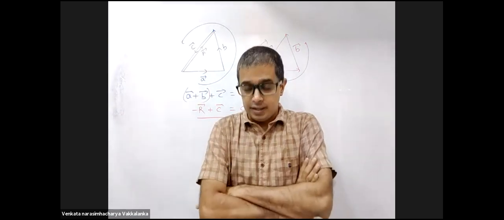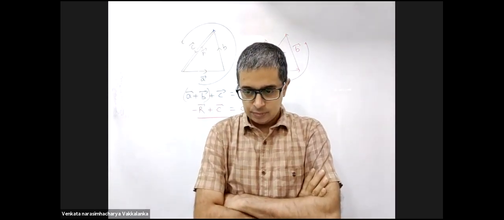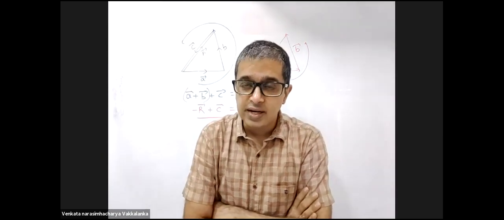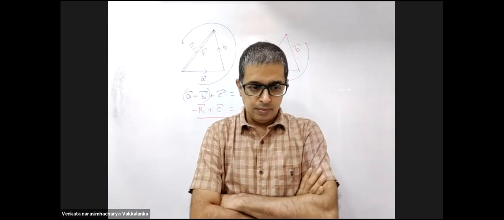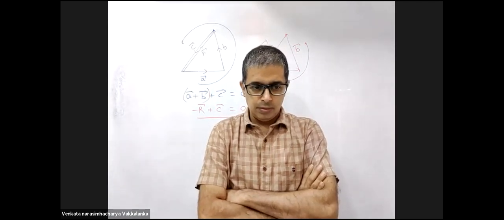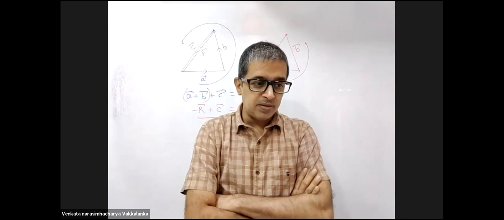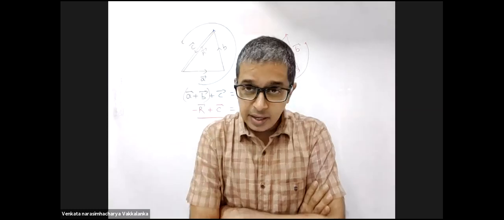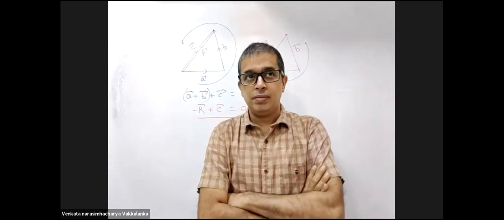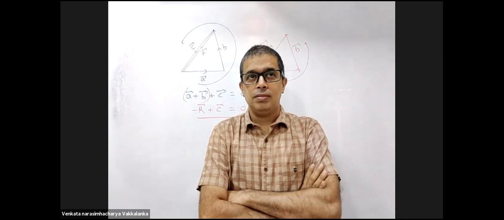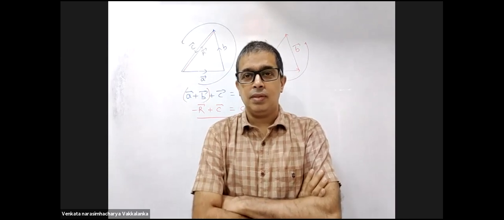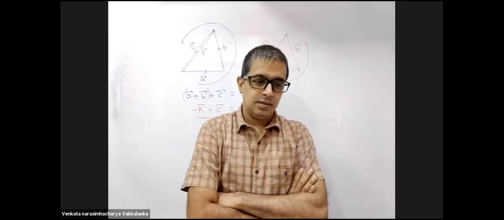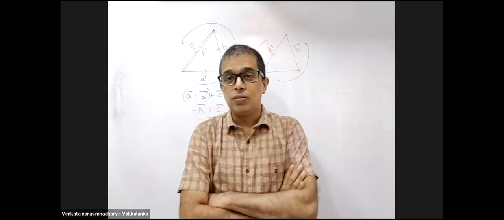If three vectors are represented as three sides of a triangle taken in one order, then the resultant is 0.